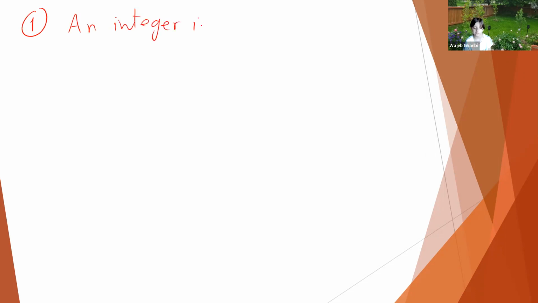So the first rule: an integer is divisible by 2 if it ends in an even number.